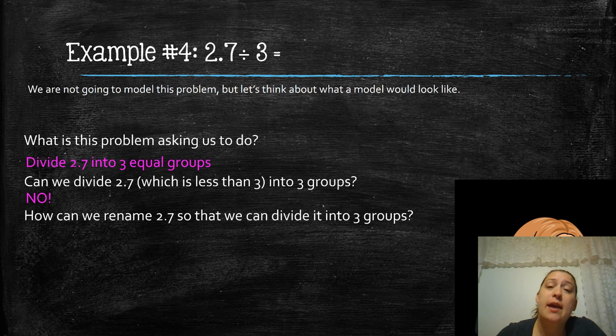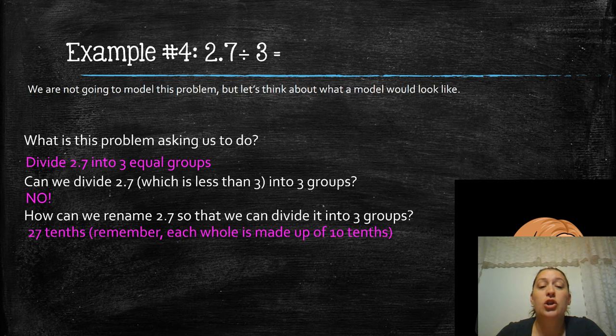So how can we rename 2 and 7 tenths so that we can divide it into 3 groups? To 27 tenths, because remember, each whole is made up of 10 tenths. So I take that 2, multiply it by 10 to get my 20, and I still have my 7 tenths from my original 2 and 7 tenths.